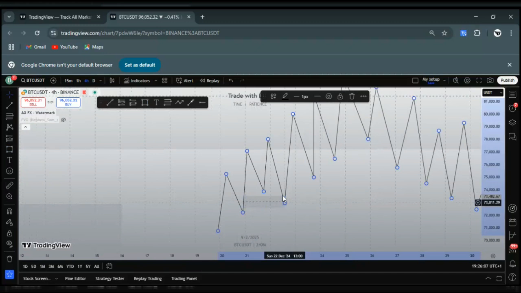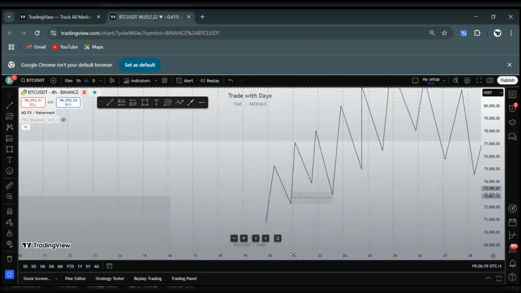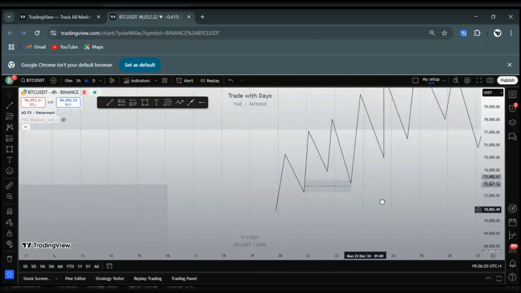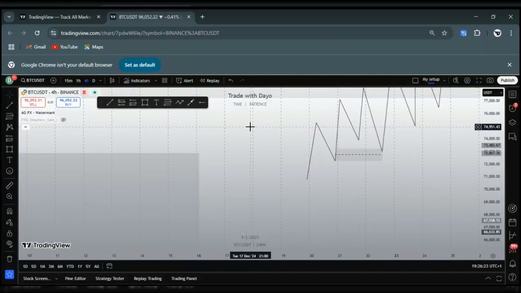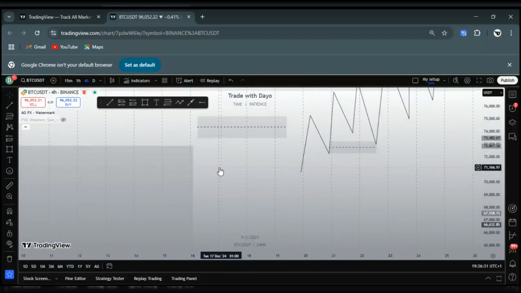So aside from knowing premium and discount, which we know means we are going to be buying when it's at discount and selling when it's at premium. You shouldn't be having issues with premium and discount, but let me still just sketch it out while I'm explaining, so that it will be easy for you to understand.